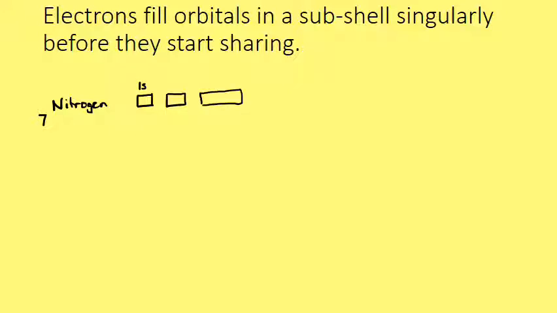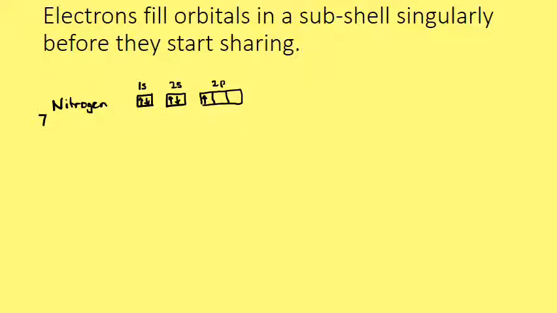So we've got our 1s orbital, we've got our 2s orbital, and we've got our three 2p orbitals, like that. And so we've got to fit 7 electrons in here, and the first 2 electrons are going to go into the lowest energy sublevel as per the previous rule, and the next 2 electrons are going to do the same. But the 5th electron is going to go into the first 2p orbital. So we've still got 2 electrons to account for, electron 6 and electron 7.